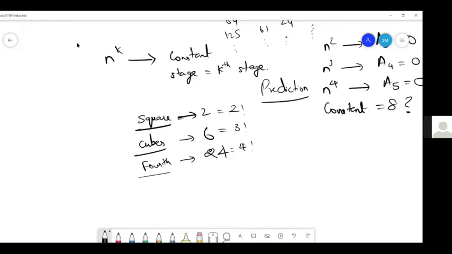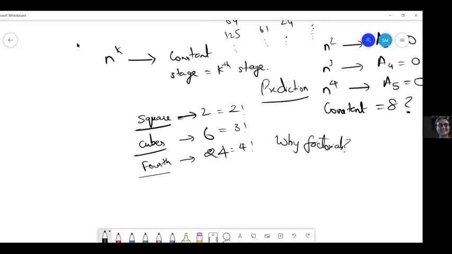So anywhere else have you seen this connection between powers and factorials coming up? Okay, so these are 2 questions. So we have factorials. Does Pascal's triangle have factorials? It has a lot of patterns.